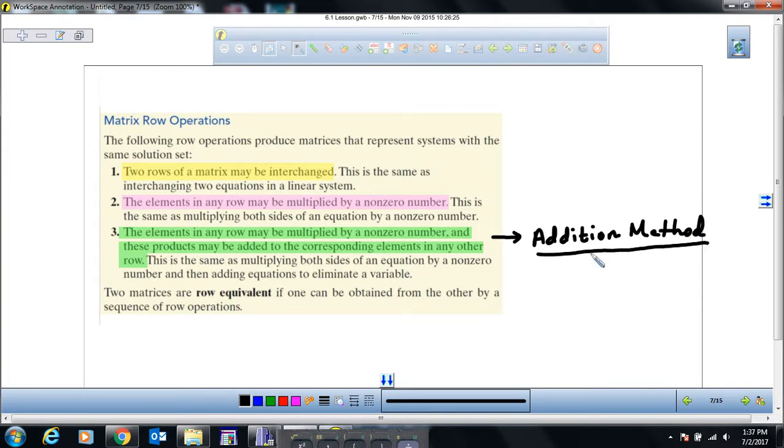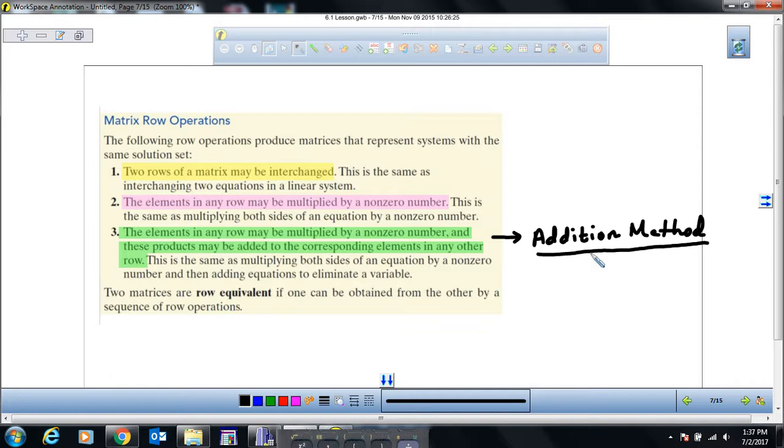Remember that in order for me to cancel a variable using the addition method, what did we do? We needed to first make the values, whether the x's, the y's, or the z's, whichever ones you wanted to cancel, the same number by multiplying one equation by whatever number, so that when you add it to the other one, it equals 0. That's exactly what this is telling you.